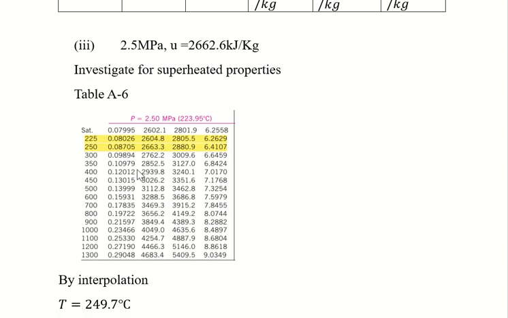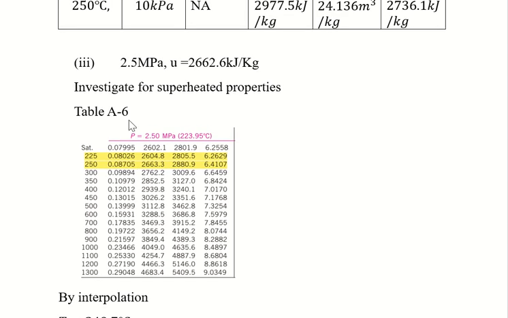So by interpolation. Why did we come to investigate for superheated properties? Because we're given this much pressure and this internal energy. And from the superheated tables, we already find this pressure, it's right here, printed there. And you can see that this specific internal energy value lies somewhere in between here. So you realize you're using the correct table.